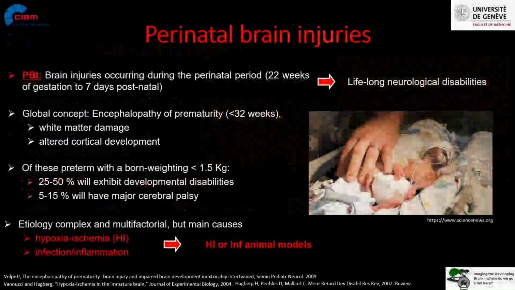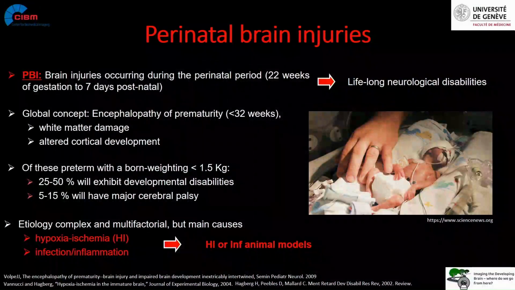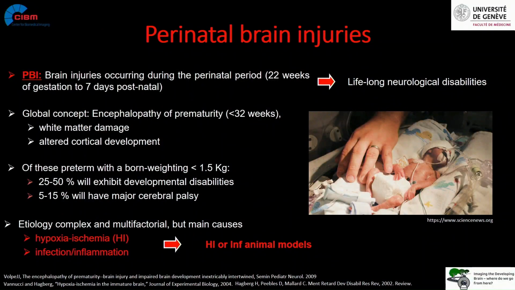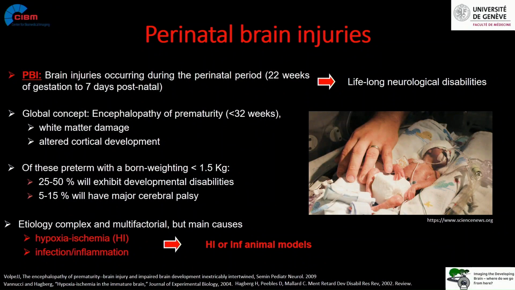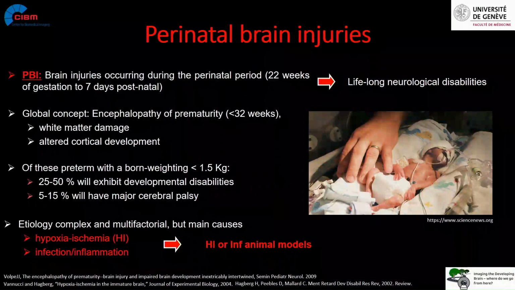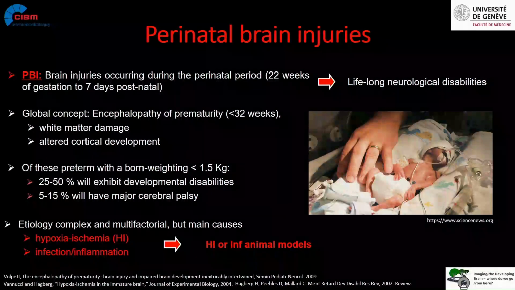There is a global concept that has been proposed by Joseph Volpe, who is the dad of neonatology, called the encephalopathy of prematurity, for babies born before 32 weeks of gestation. This encephalopathy of prematurity is characterized by white matter damage, but also altered cortical development.